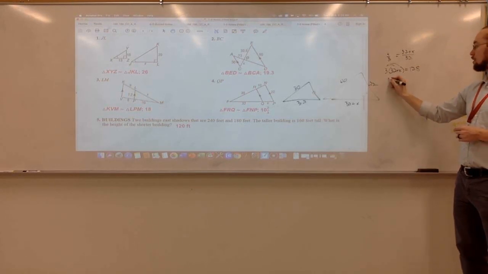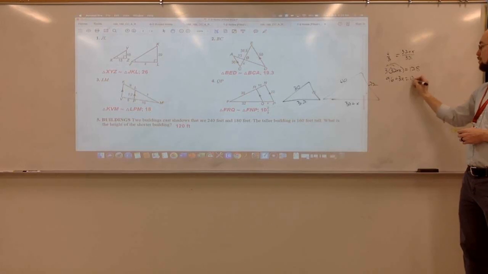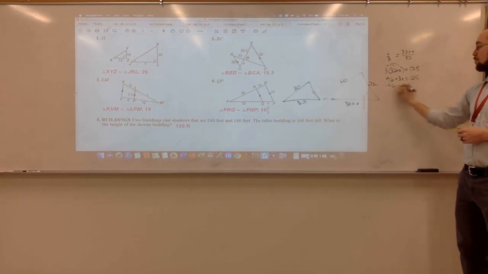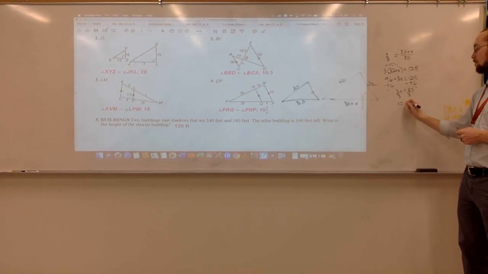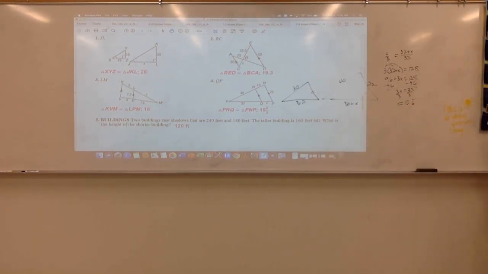Distribute the 3, so 96 plus 3x equals 128. Subtract 96. 3x equals 32. Divide by 3. We get x equals 10.6 repeating, or 10 2/3.